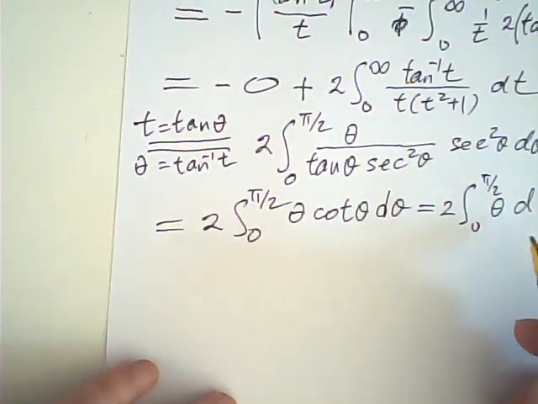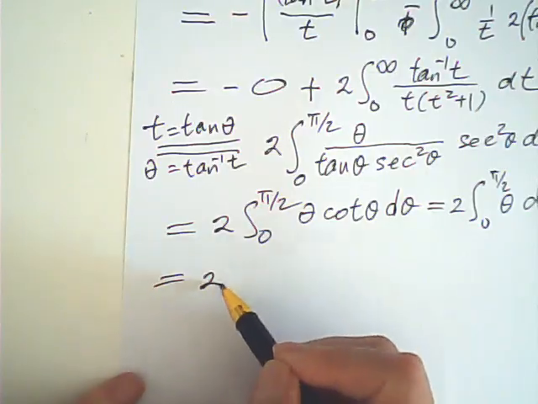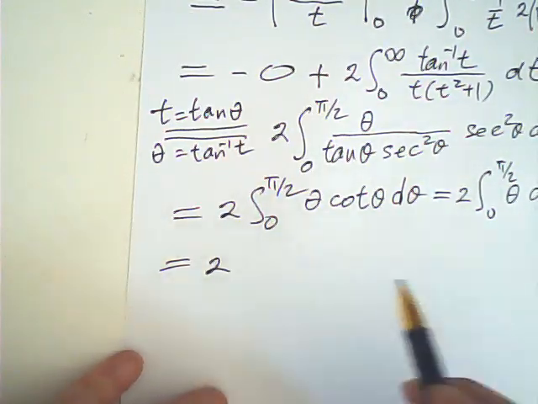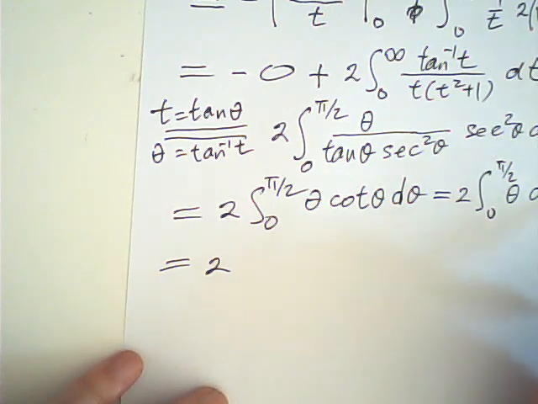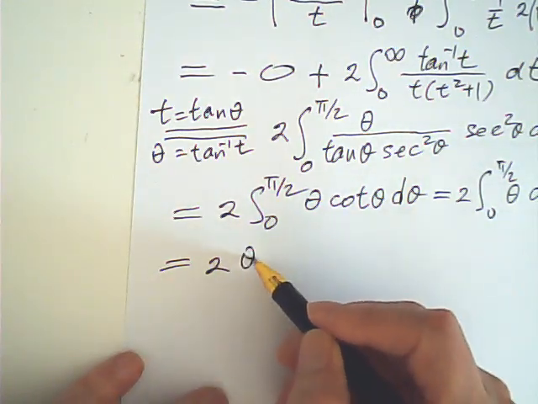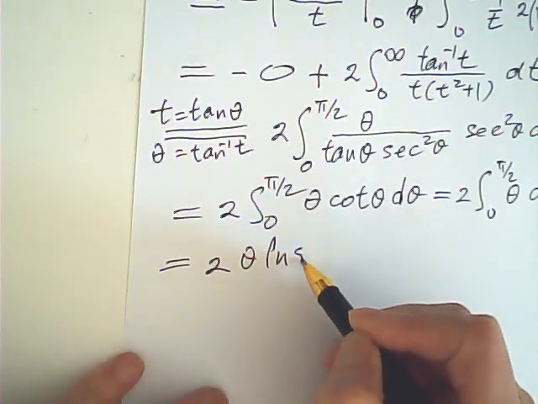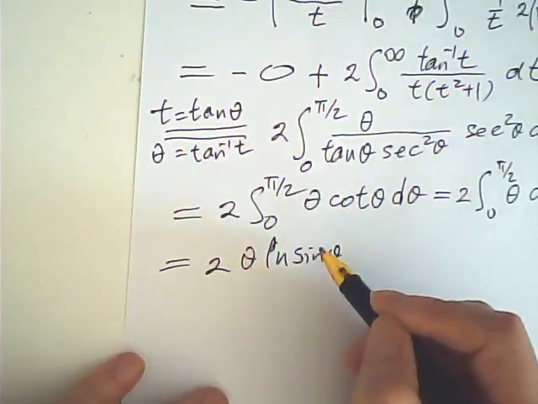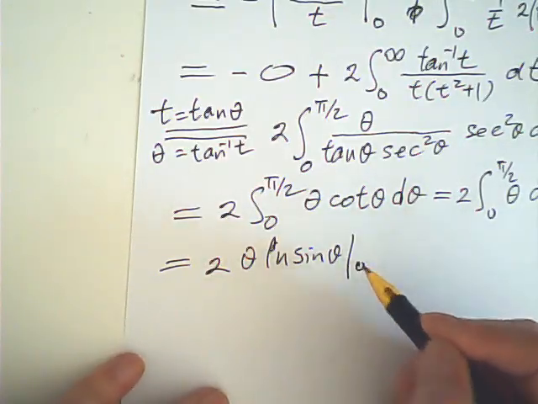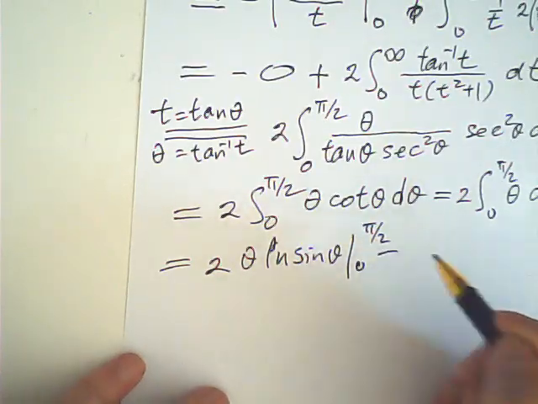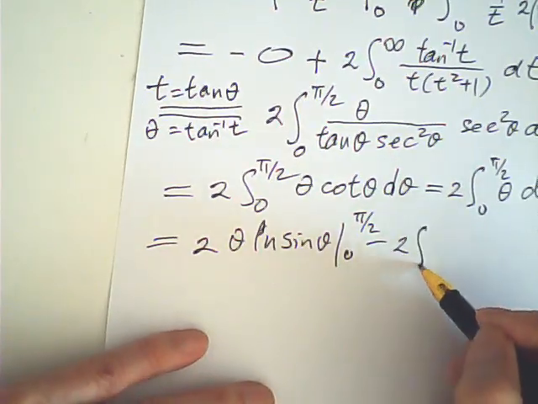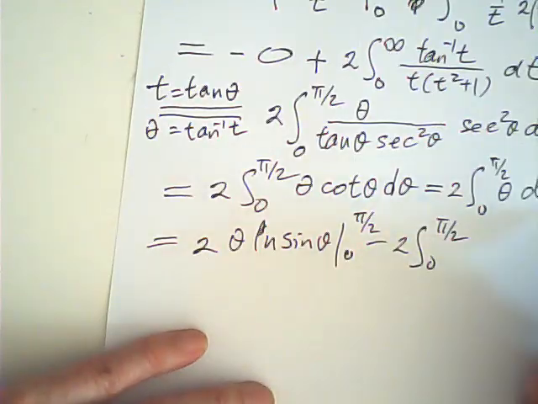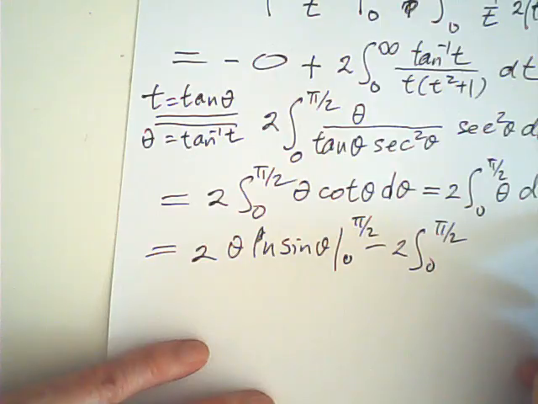Then I can use by parts again. So this is 2 uv, u and v, from 0 to half pi, minus v du. v is this log sine theta.